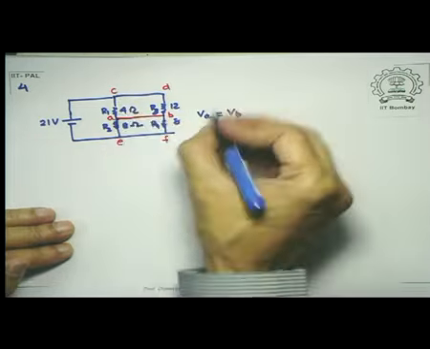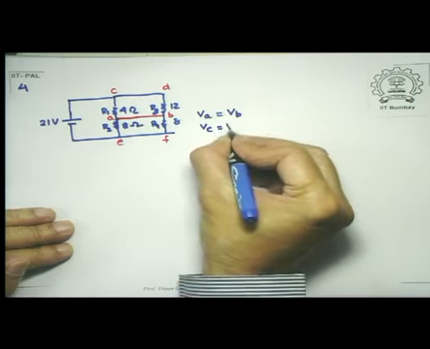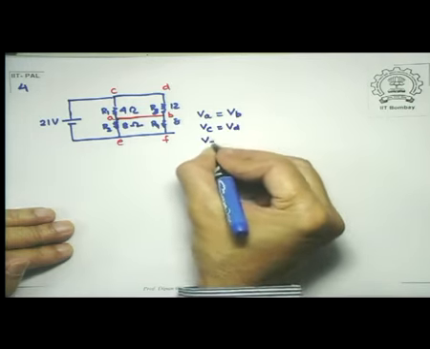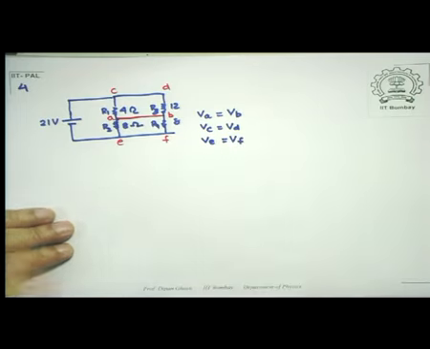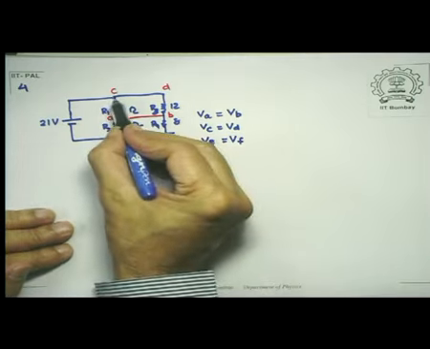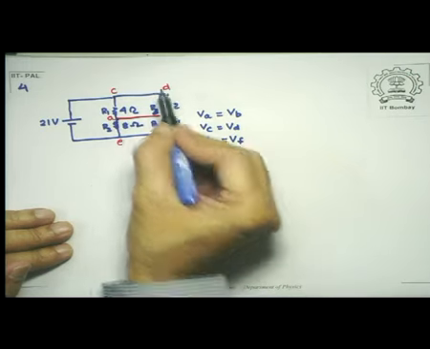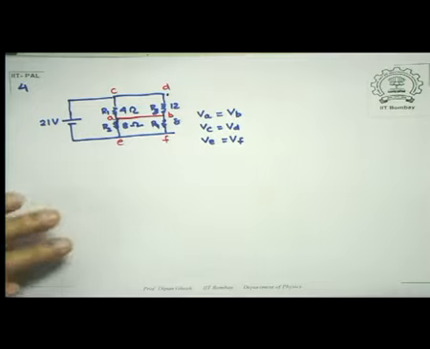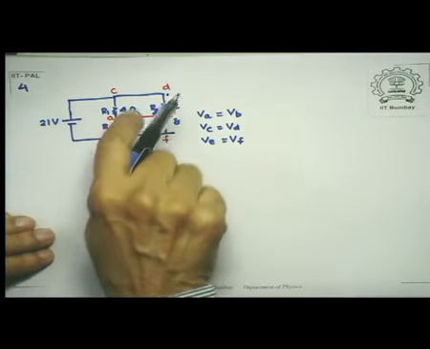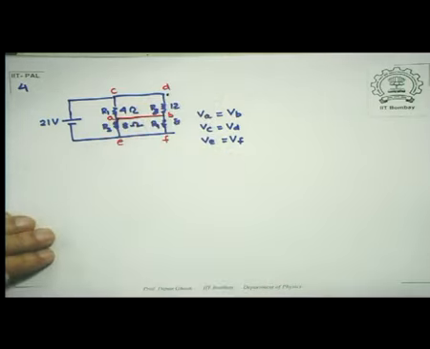Likewise, VC is equal to VD and VE is equal to VF. Since C and D have the same potential, A and B have the same potential, this tells me that this 4 and 12 are parallel.